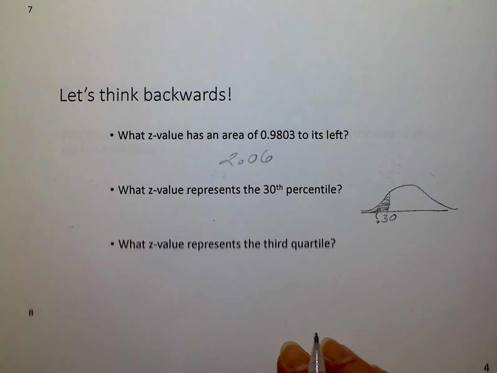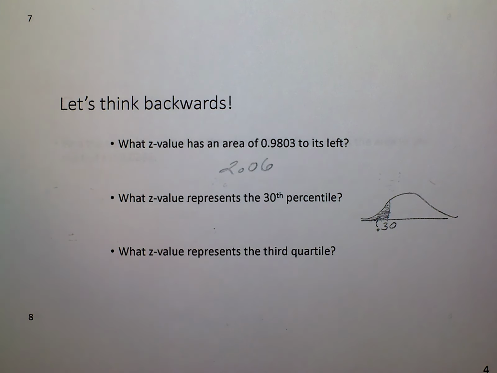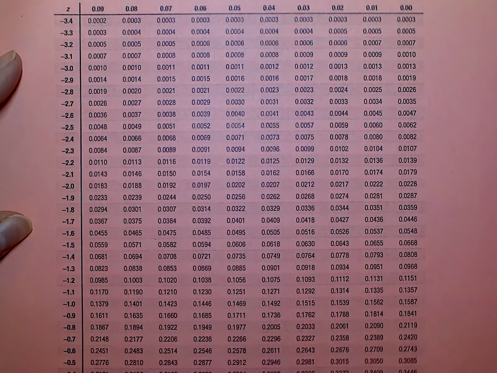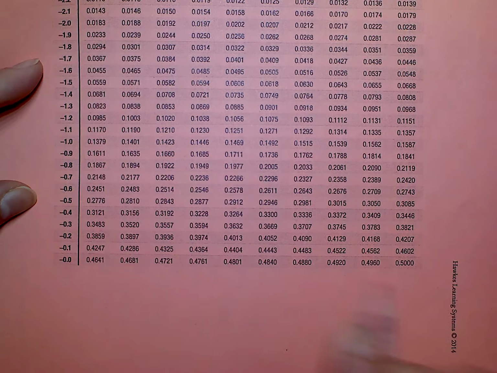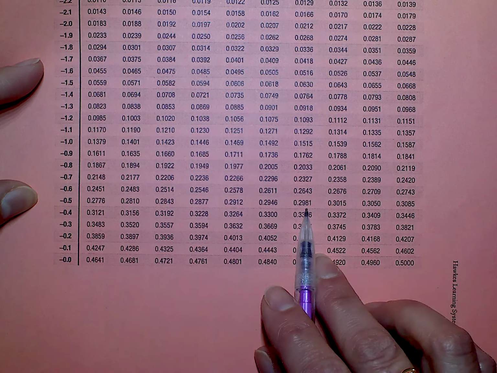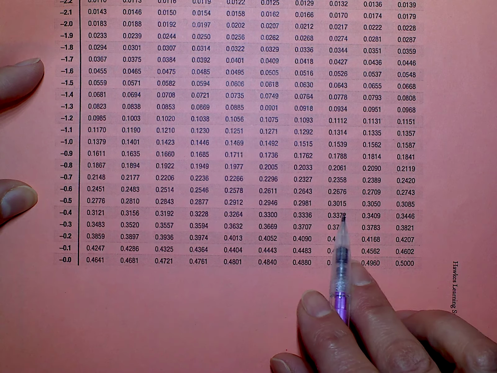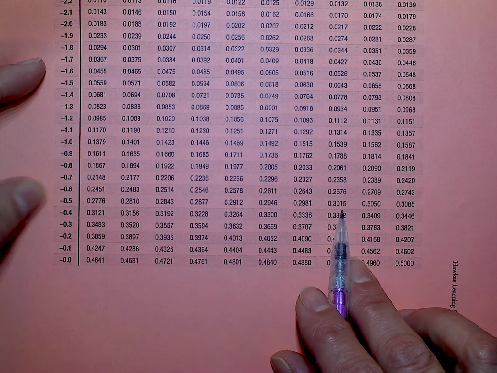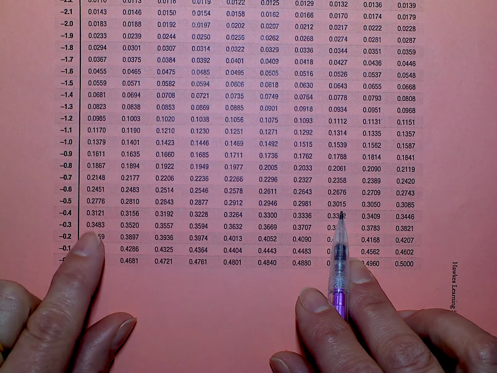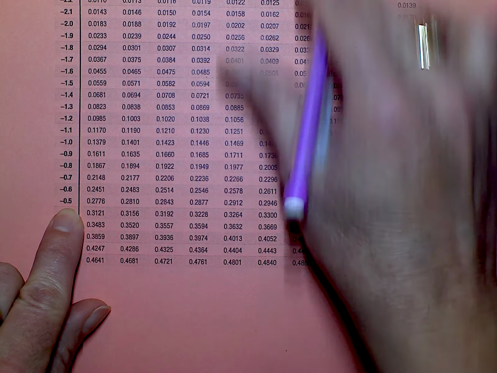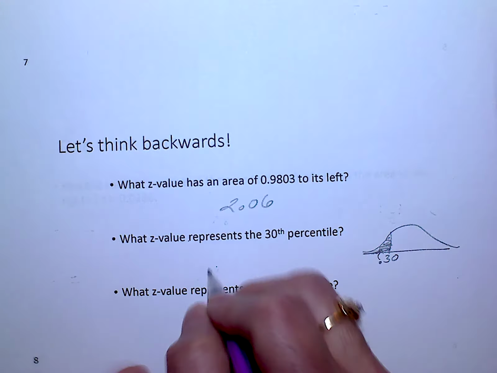So if we go to our table, we want to find the area that is 0.30, and we're just going to get as close as we can. A lot of times it's not exact. So I see there's a 0.2981 and a 0.3015, and the one that is the closest is the 0.3015. So that's at negative 0.52.